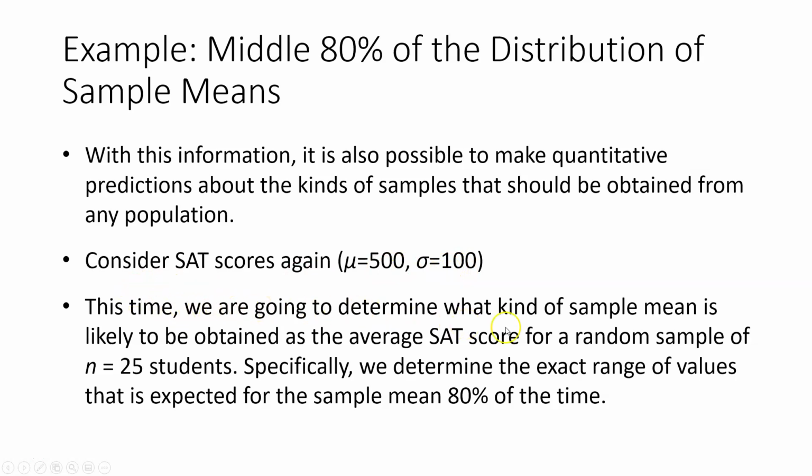This time, we're going to determine what kind of sample mean is likely to be obtained as the average SAT for a random sample of 25 students. Specifically, we determine the exact range of values that is expected for the sample mean 80% of the time. So we're trying to figure out, if we capture the middle 80% of the distribution, the bulk of them, what kind of sample mean are we typically going to see 80% of the time?